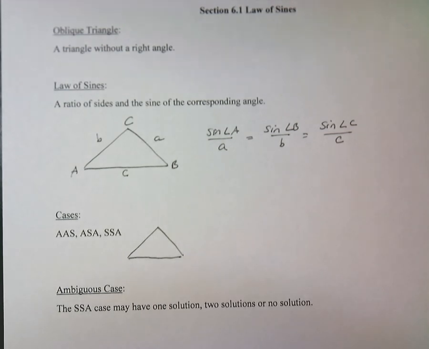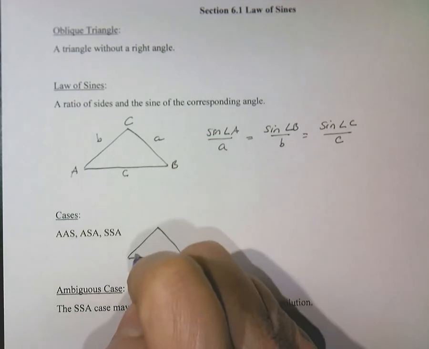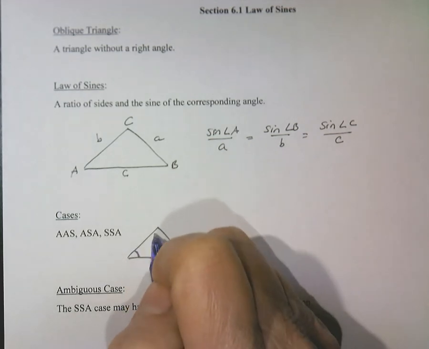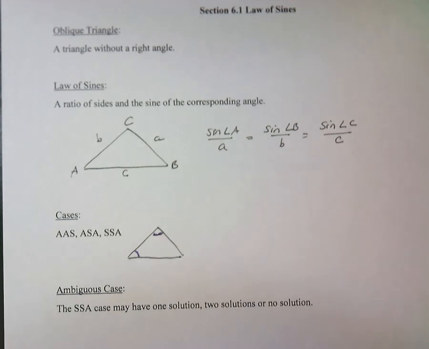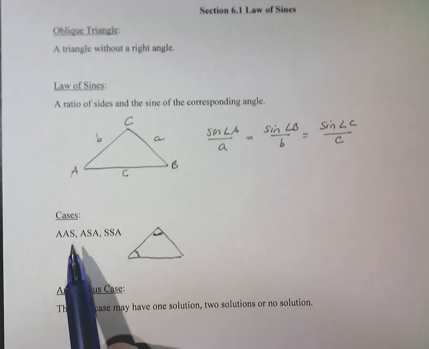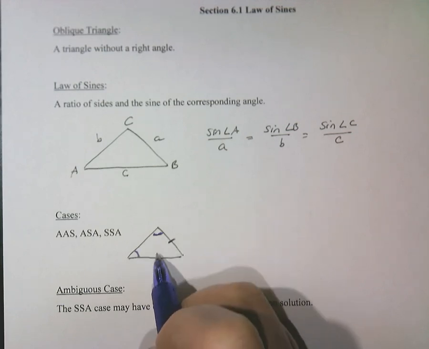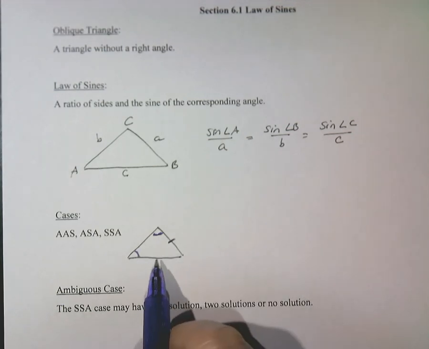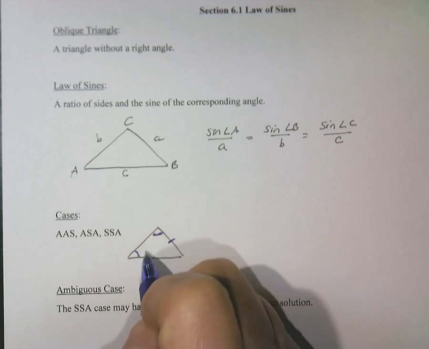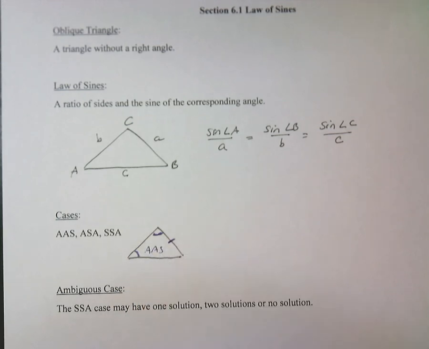If I were given 2 angles, say this angle here and this angle here, and then a side that's not between them, it cannot be this side. It could be this side here, or it could be this side down here. It doesn't matter. This is going to be angle, angle, side.